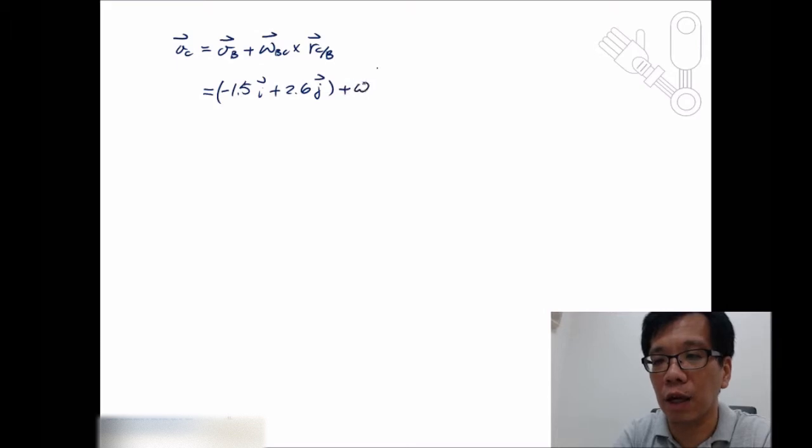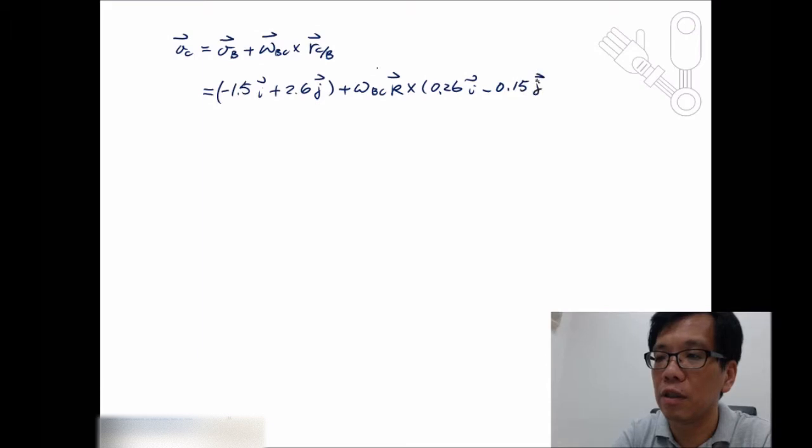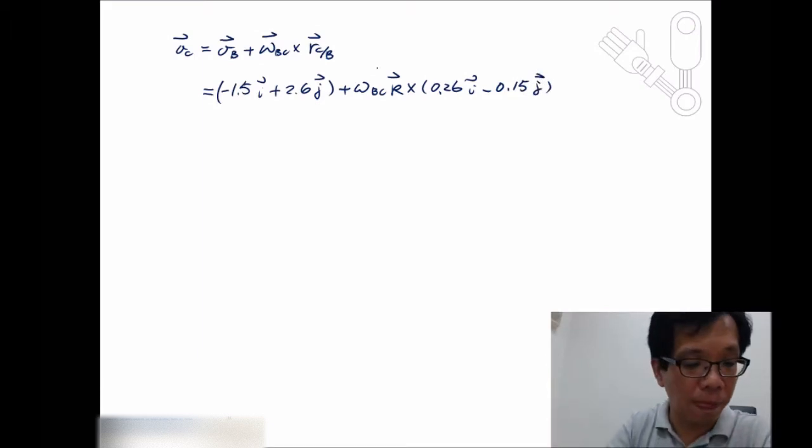And this time I have omega BC, again K, cross product 0.26 I minus 0.15 J. Okay, so that's a basic setup of everything.